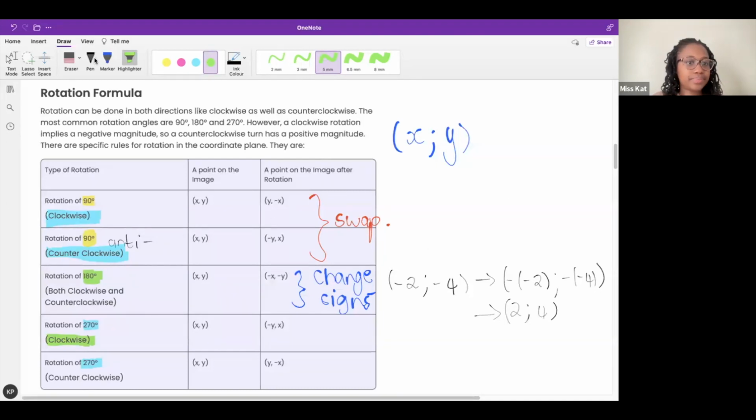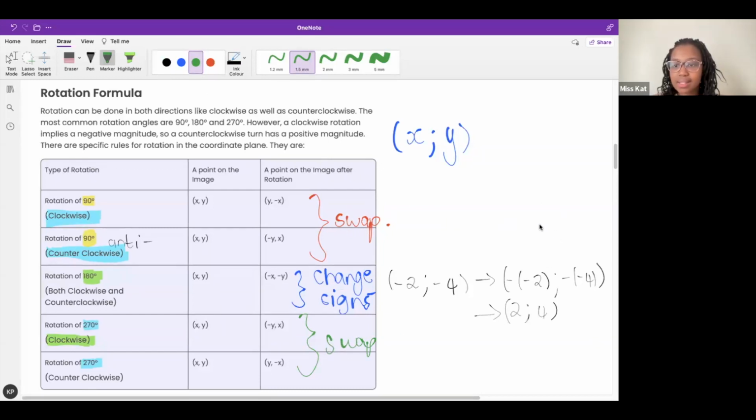Bokang? 90 degrees clockwise, ma'am. Look carefully. Clockwise says X is negative. In this case, our Y is negative. So which one does it correspond with? The anti-clockwise. Do you see that? Oh, anti-clockwise. Yes, ma'am.